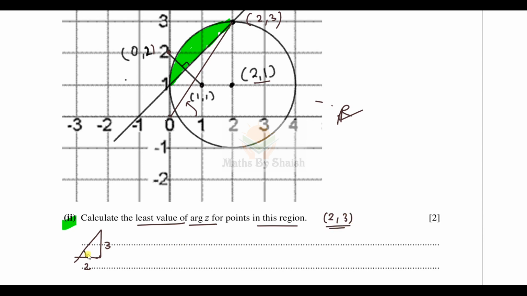So for 2, 3, what is this angle? Let's say it is theta, then tan theta is 3 by 2, or we can say theta is equal to tangent inverse of 3 by 2.